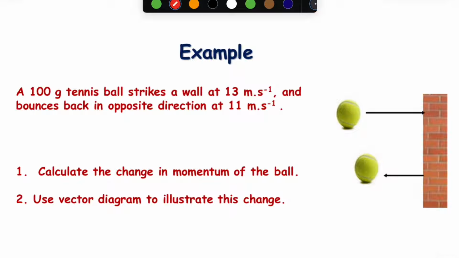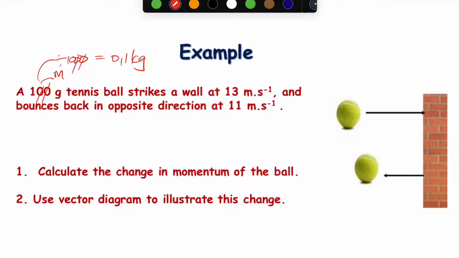The example here says a 100 gram tennis ball. So we change that mass by dividing by 1000, and it's going to be 0.1 kg, right?